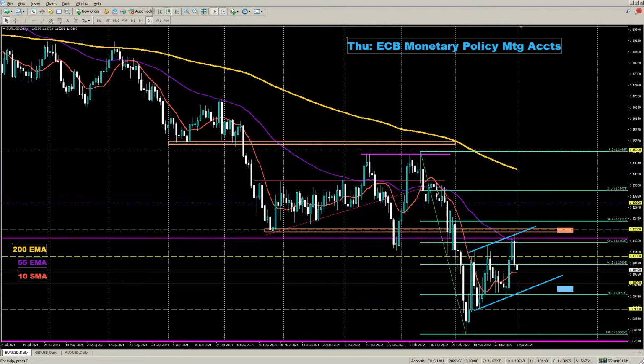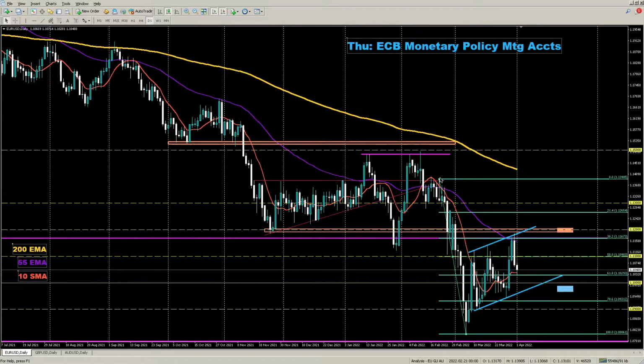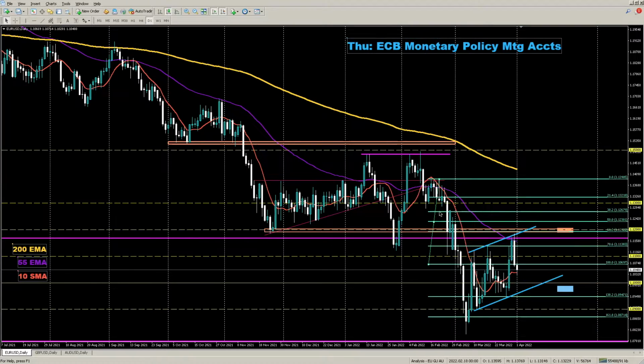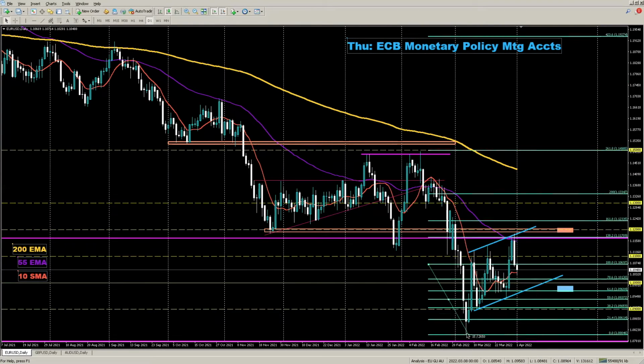So we can update this fib to this swing. We can even have a lower swing low, which will align with this previous swing low from months back, and right at the 62 fib retracement. That is also possible, and we flip this over, we can see the retracement levels.